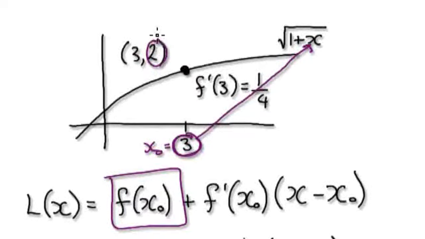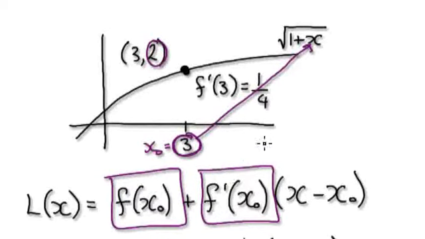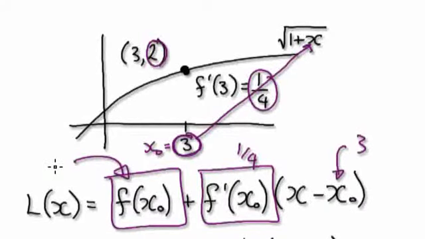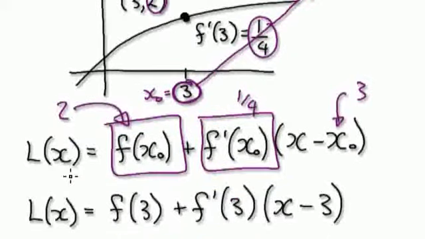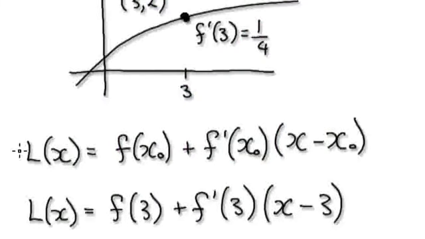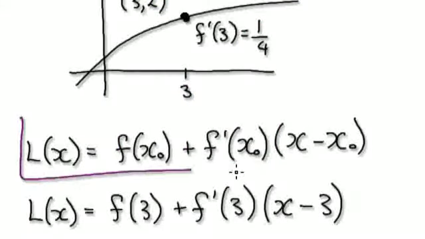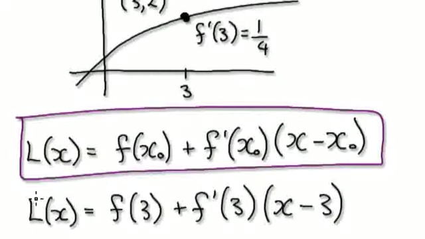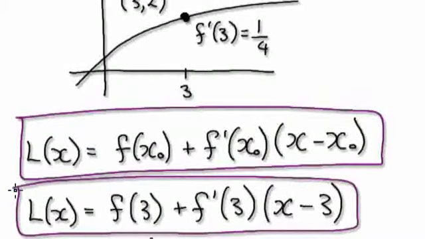Then the derivative at that particular point is what we just worked out, a quarter, and then this here is 3. This box here is f of x0, so it's really 2. So the equation of our tangent line is given by this here, and then that will give you this.